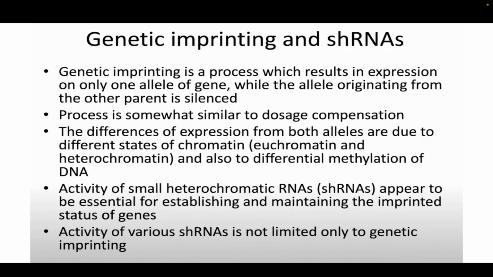In that case, if the female produces products from two X chromosomes, then expression will be much higher in females as compared to males, because males have one X chromosome. To balance the X chromosome products in both male and female, here comes dosage compensation, where one X chromosome of the female body gets silenced or repressed.